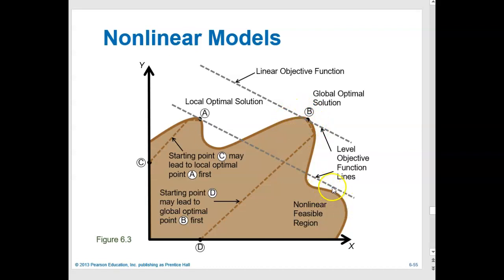Whereas if I search the process around these values, then I may get a peak around here. Let's call this point Z. So depending on where the search process starts, it could terminate at either a global or a local optimal solution.